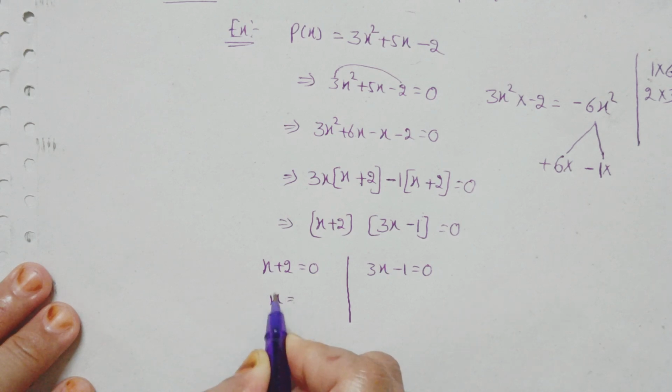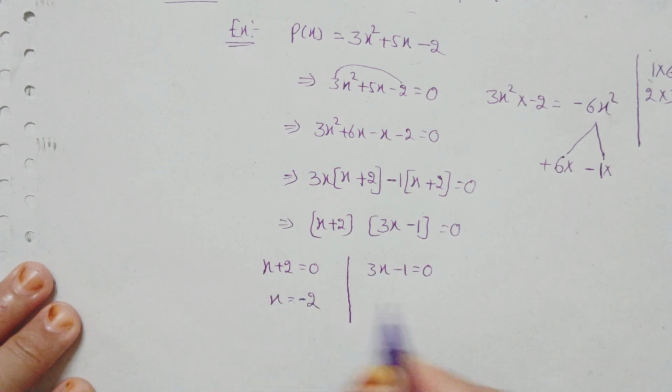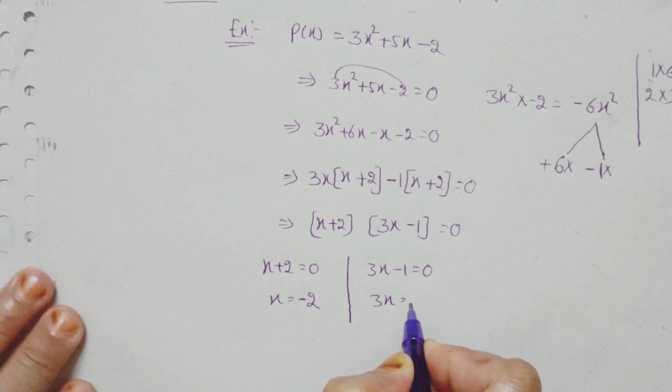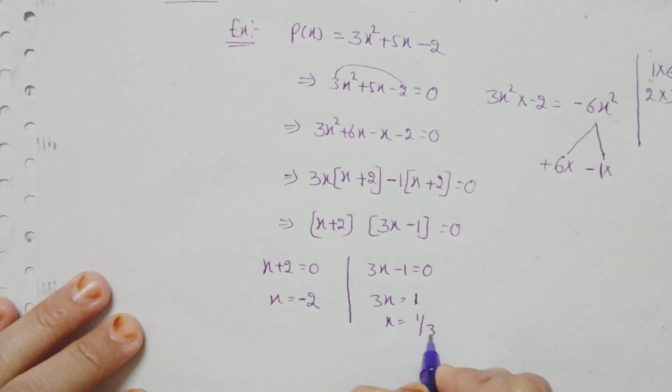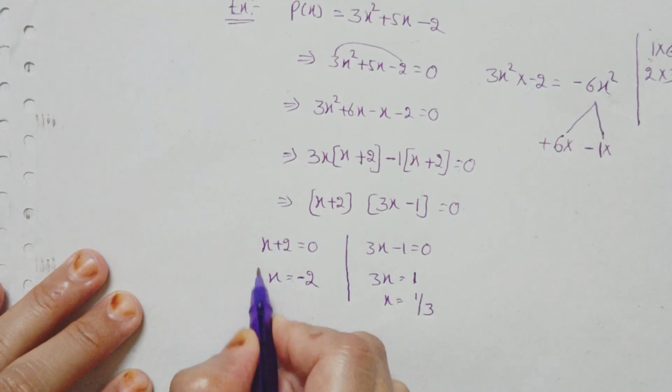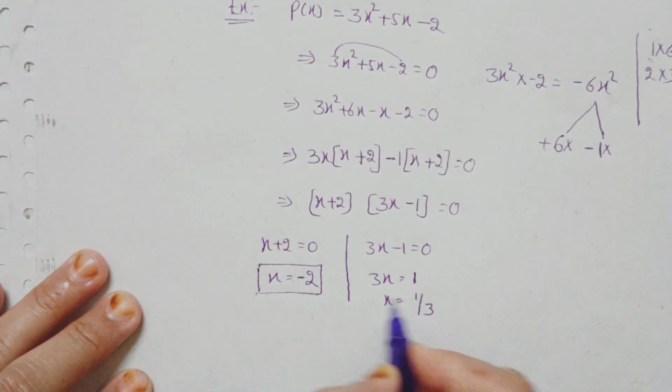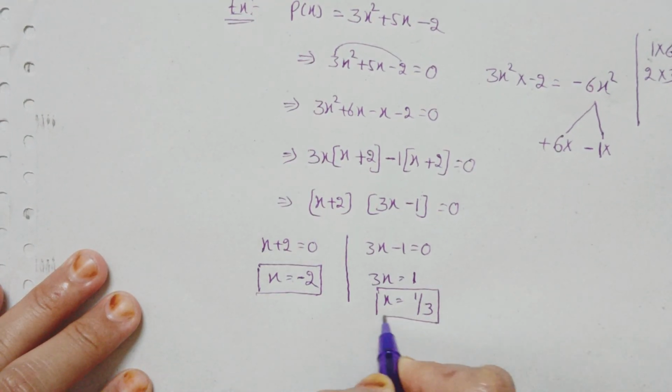From this we get the value of x as minus 2, and here 3x = 1, because when it goes to that side it takes a positive sign, so x = 1/3. I am getting the x value as −2 and the x value as 1/3.